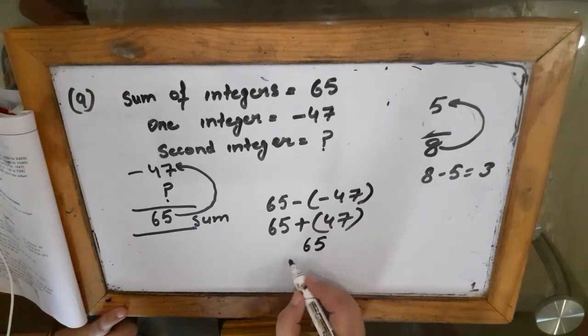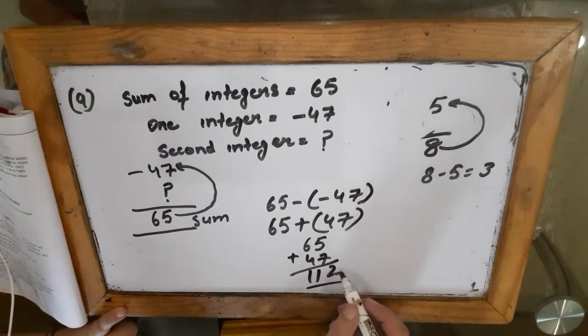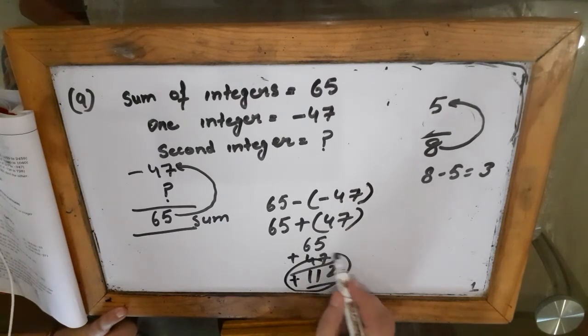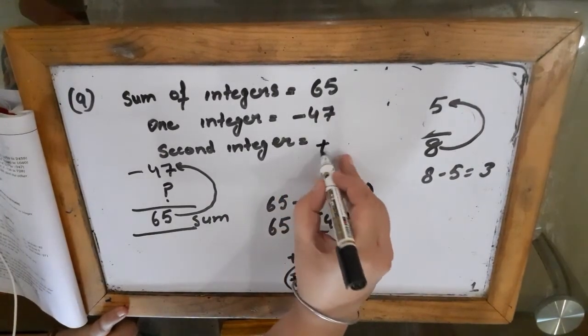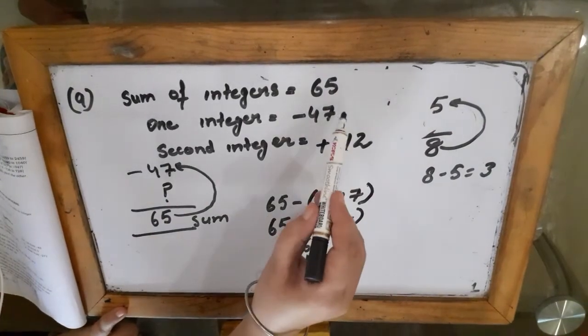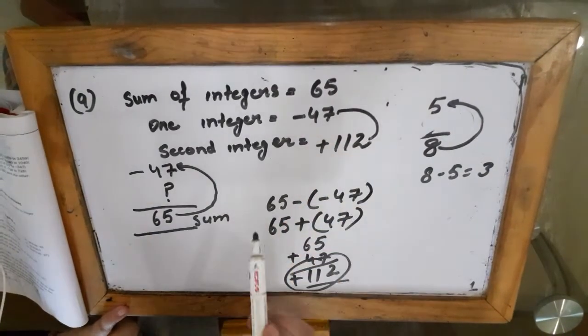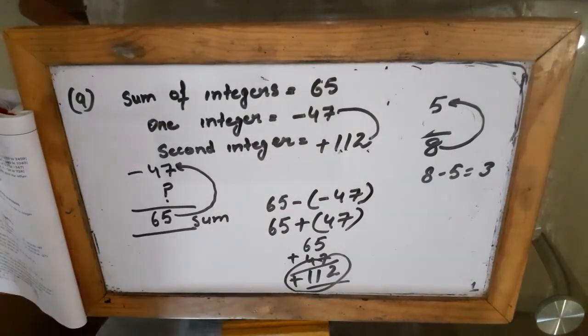So 65 plus 47 is 112. Yes, so what's the answer? Positive 112. So it means the second integer is positive 112. So if you add minus 47 and 112, you will get 65.